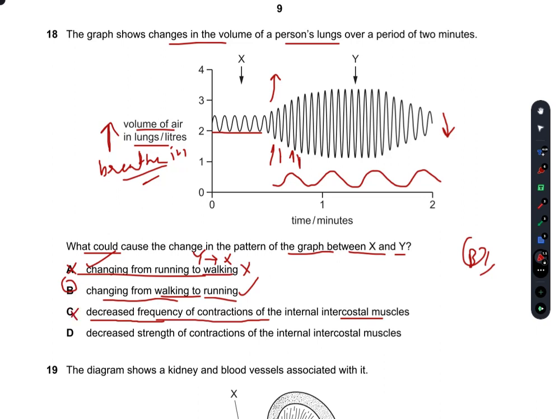So C is incorrect. Decreased strength of contractions of intercostal muscles. If there was decreased strength, then this Y should have been smaller than the X. So C and D also do not make sense.